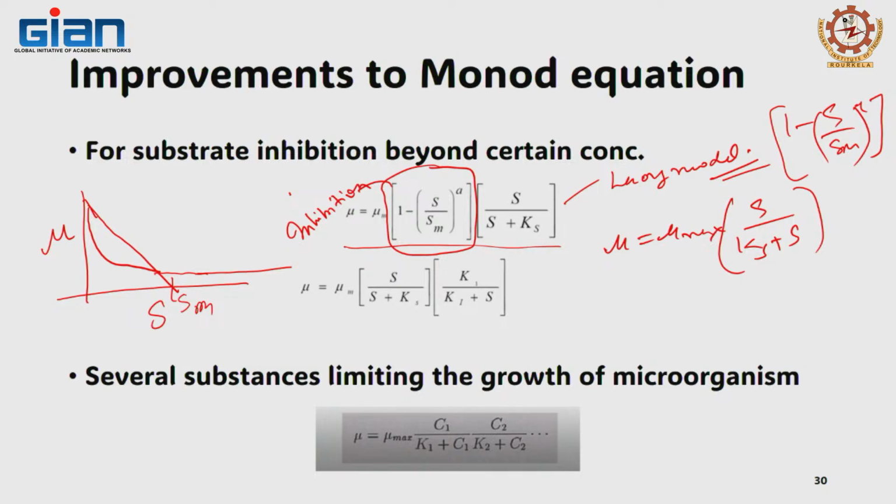So, if you are aware of the concentration of the substrate at which my growth will get inhibited, you follow the Luong's model. If you are not aware of what my substrate concentration is going to be at which the inhibition will take place, that means your mu will become 0. You do not use the Luong's model, you use the second one.